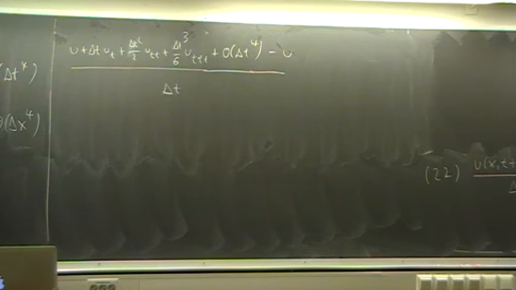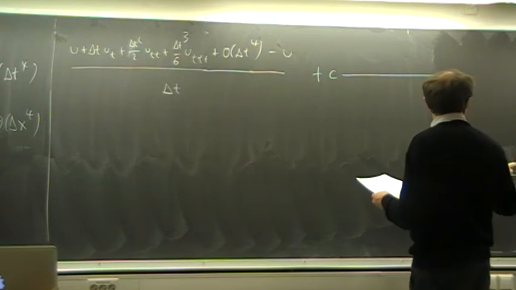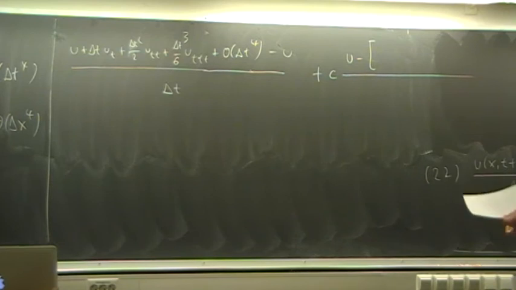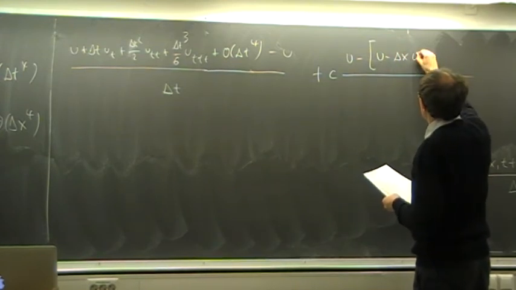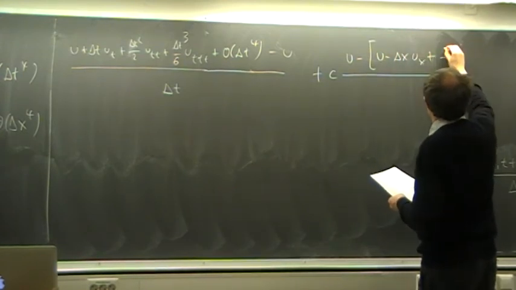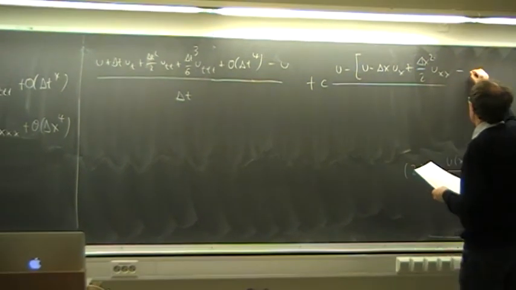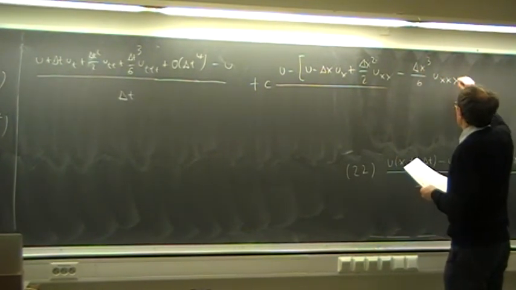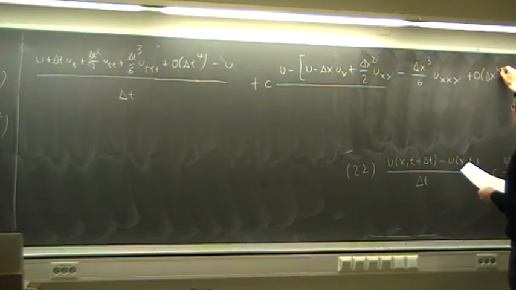Now we have this term here, plus c times, first is just u minus, now we insert what we have for u of x minus delta x. So u minus delta x u_x plus delta x squared half u_xx minus delta x to the power 3 divided by 6, third space derivative, plus order delta x to the power 4.